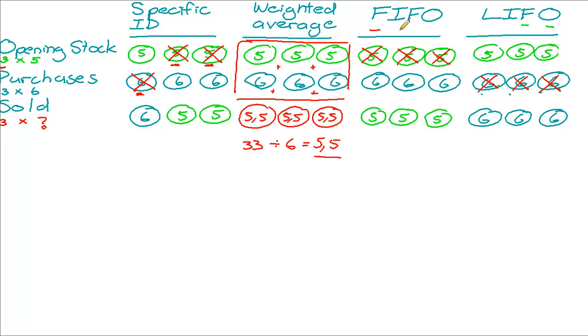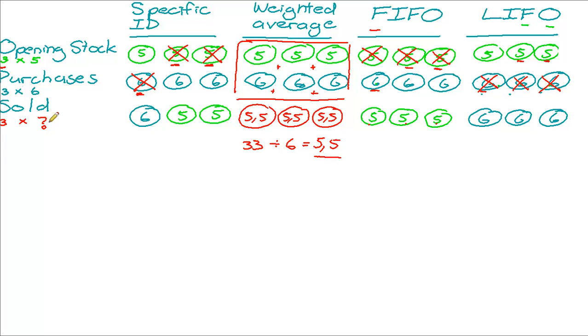Under the first in, first out method, even though these were the 3 pies sold, we assume that it's the first pies that are being sold first, so we value it at the first batch of inventory or stock prices. So we valued it at 5, 5, and 5 because we say first in, first out. Under the Lifo again, even though these were the pies that were sold, we are going to value it at the cost of the last batch of pies.